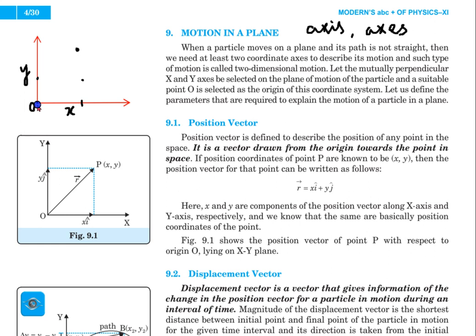Then how will I do that? I'll measure the distance of this object, suppose A, from one side of the table, that is, in our case, the y-axis, and similarly, I'll measure the distance of A from another side of the table, that is in this case the x-axis.